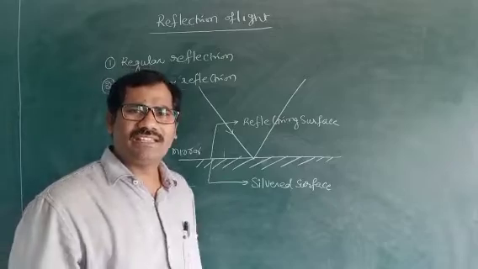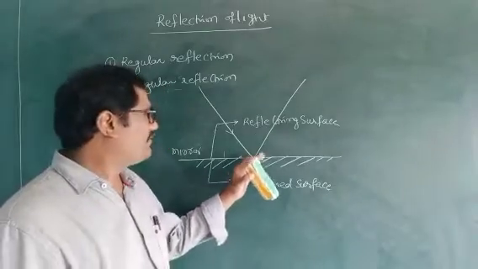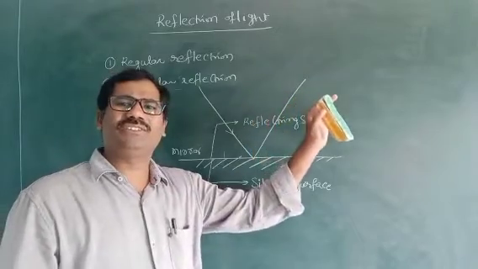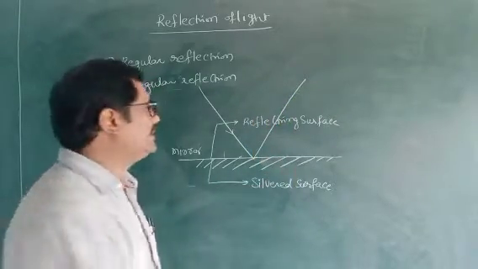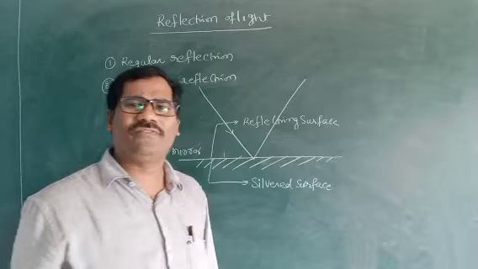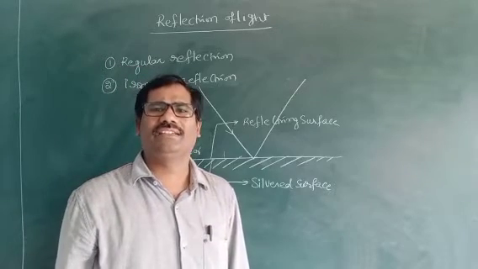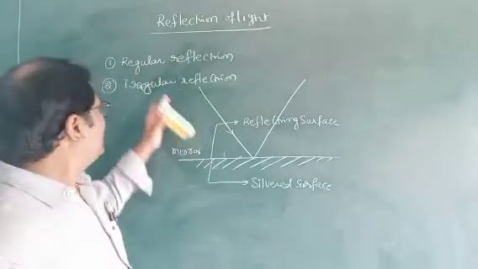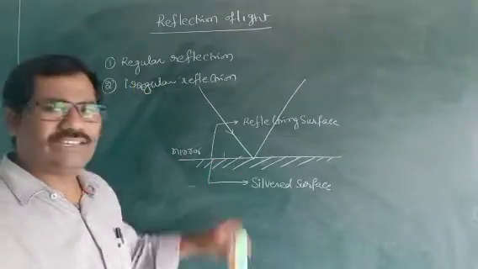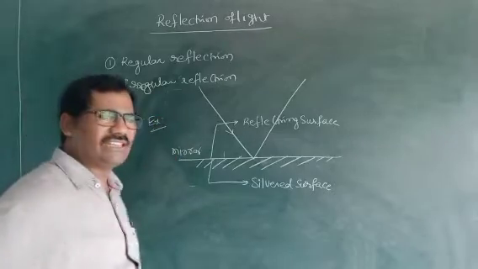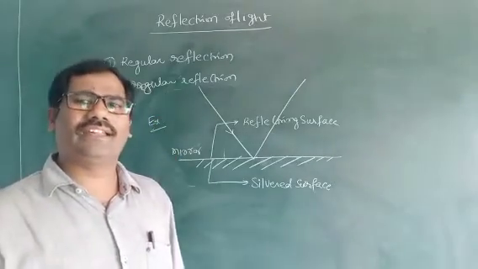That means a part of the light is returned back into the same medium, and this ray is known as the reflected light. That is regular reflection. Next is irregular reflection.